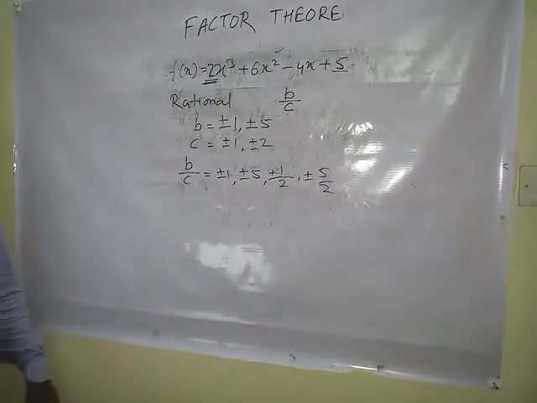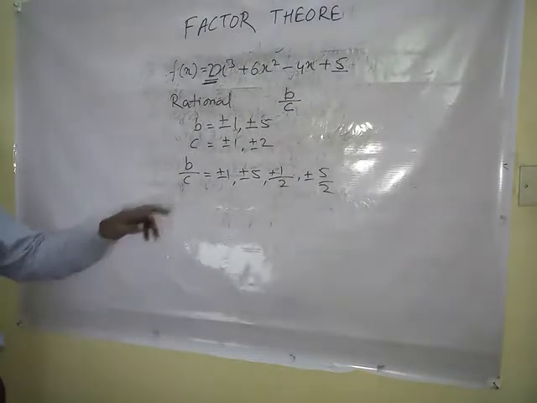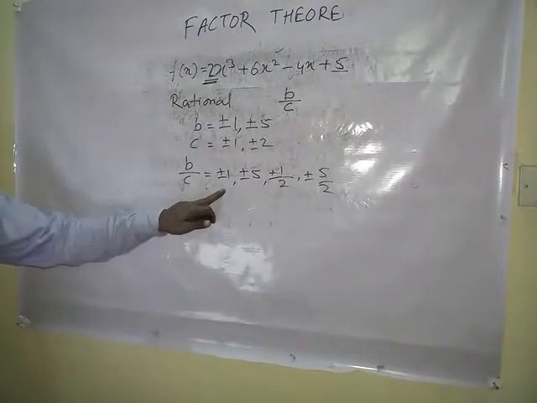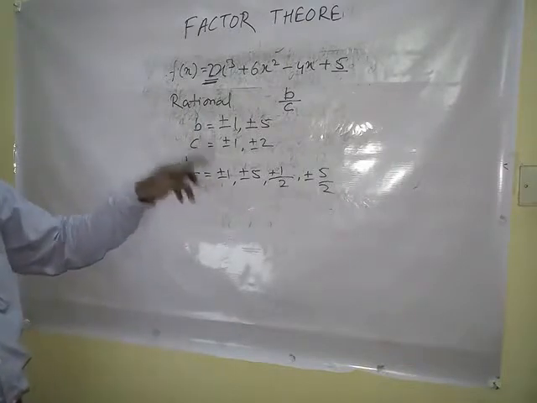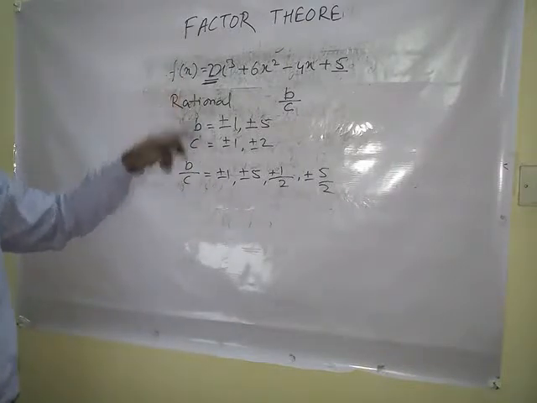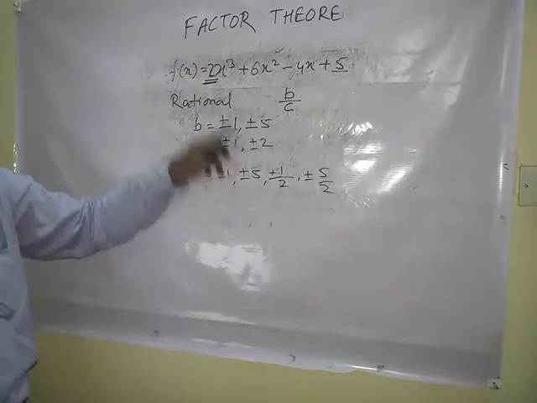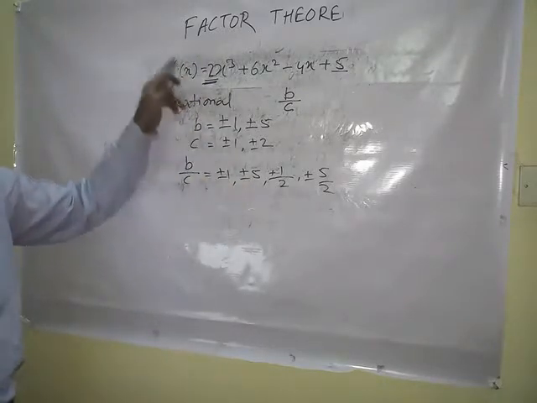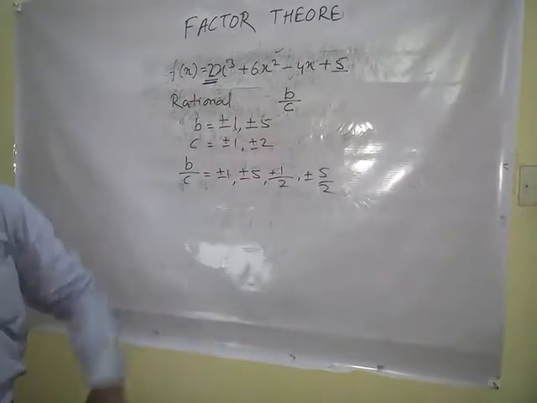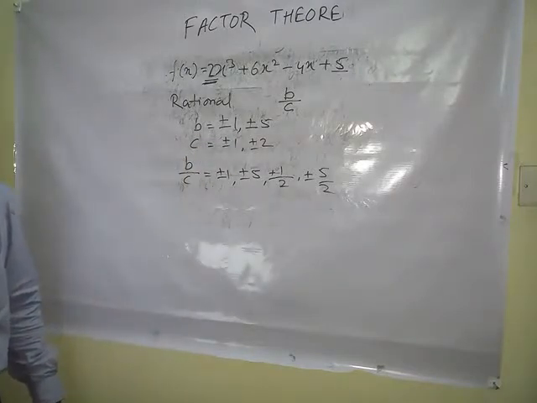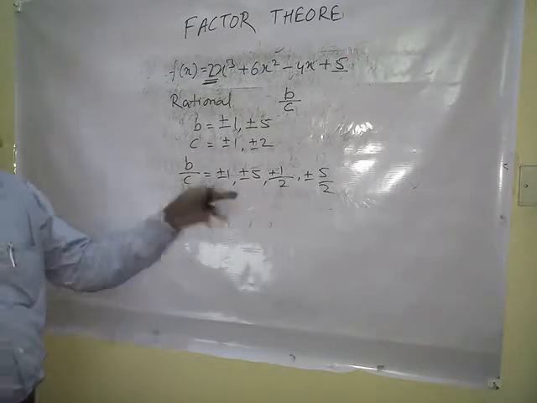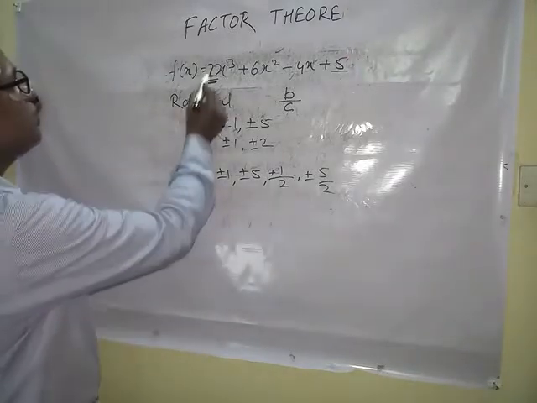So that is how you will find the values, and after that you have to do a trial and error method. First find the value of f(1), then f(-1), then f(5), then f(-5), then you have to find how many factors there are for this equation.